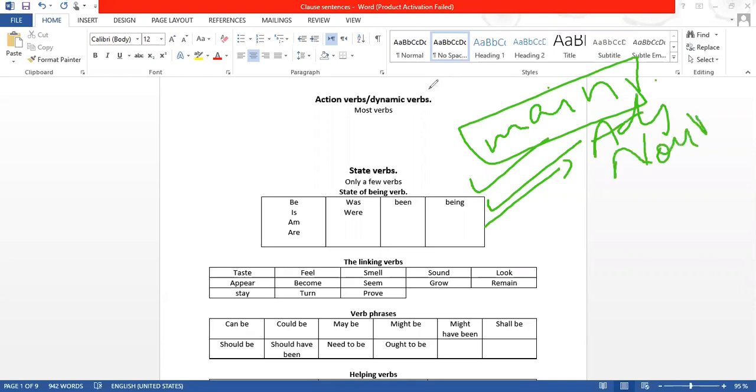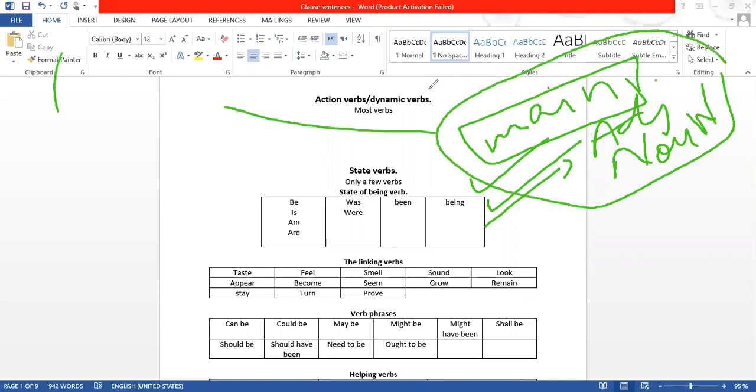We did this one, right? And we can make the six tenses, if you remember those six state sentences: I'm happy, I was happy, I will be happy, I have been happy, I had been happy, and I will have been happy.